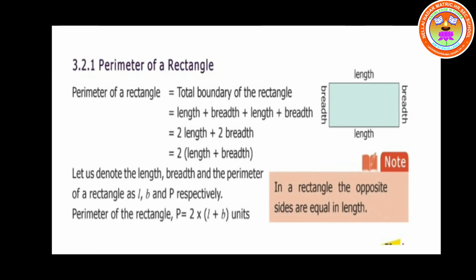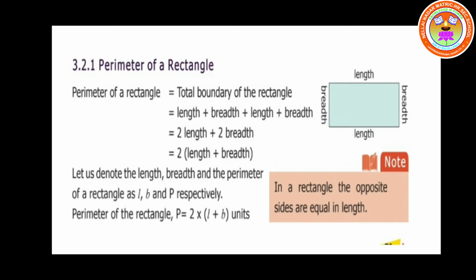First let us see the perimeter of a rectangle. In a rectangle, the opposite sides are equal. So, the perimeter of a rectangle is equal to the total boundary of the rectangle, that is, length plus breadth plus length plus breadth. So, two lengths and two breadths, which is equal to 2 into length plus breadth.